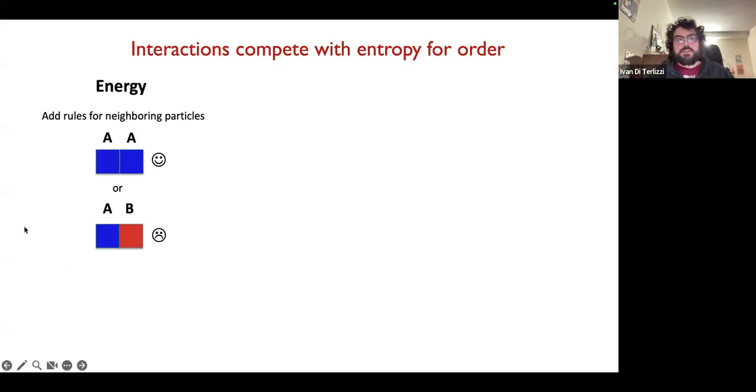In order to minimize these interactions, you will form a bulk where all similar particles are together, because the volume scales as the system size, while the surface scales with a less powerful power law with respect to the system size.